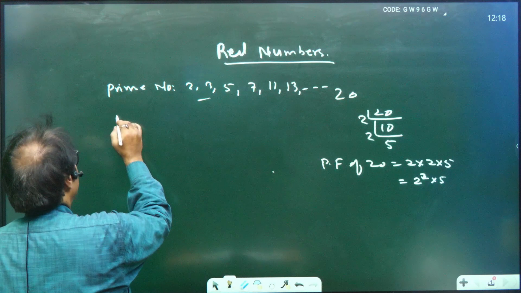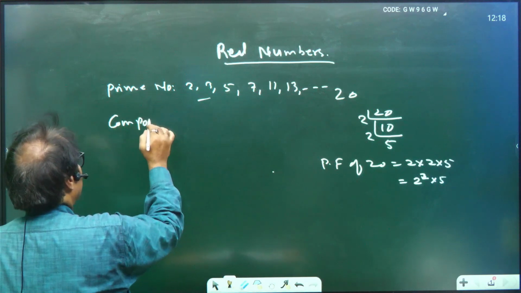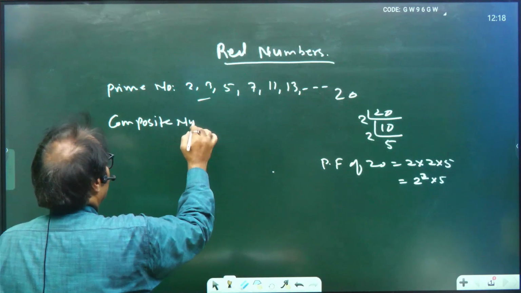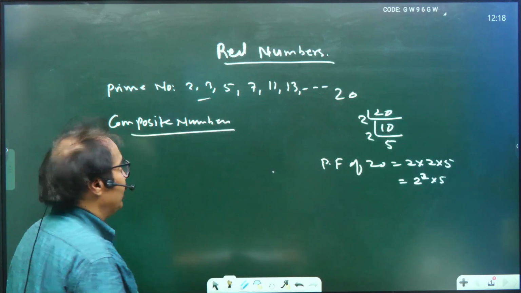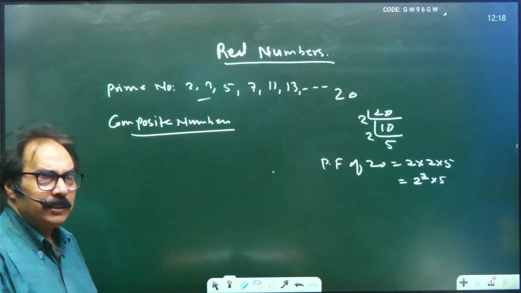And then one important point is the composite number. A composite number means a number having at least 3 or more factors.